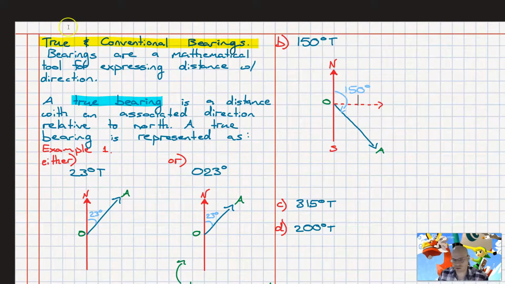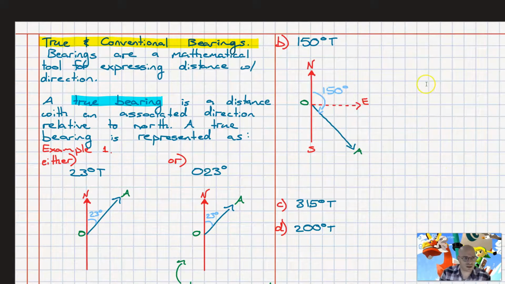Now, because we're going to be working in this bottom right quadrant, rather than referencing the conventional bearing relative to north, we're going to be doing it to south because we're closer to the southern pole. So because of that, we want to get the angle of interest, which will be theta in here.